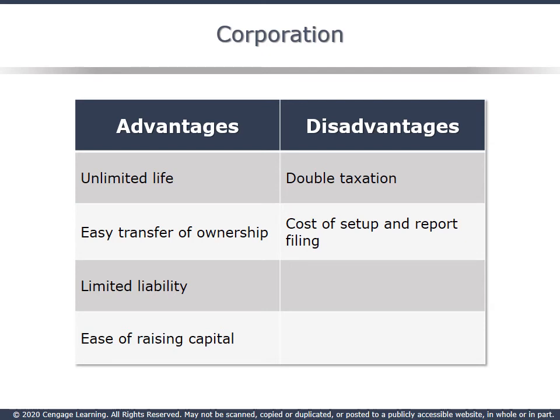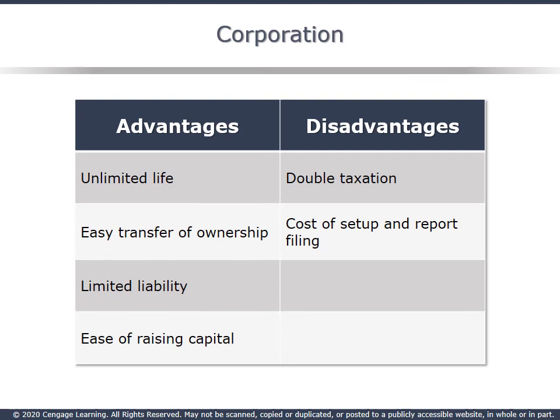So, in other words, personal assets can't be seized to satisfy the business's debt with a corporation. Corporations also have an ease with which they can raise outside capital. Why is that so? Because their stockholders have that limited liability.